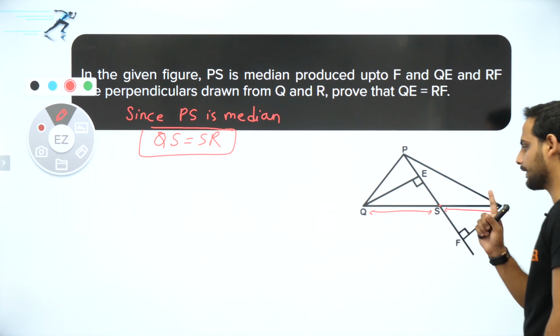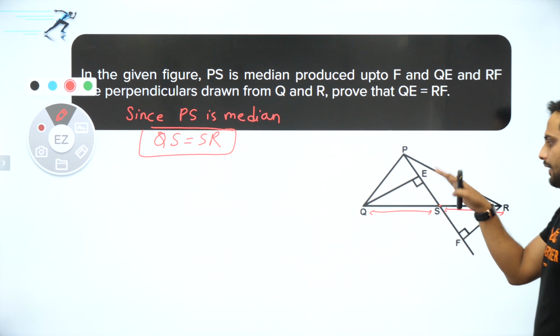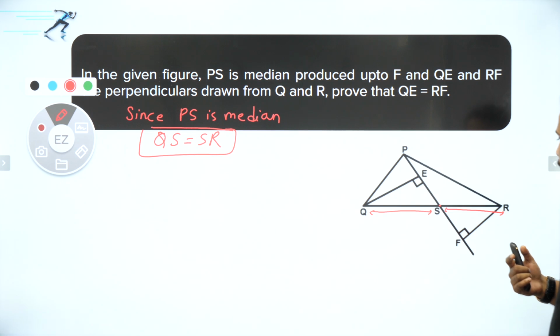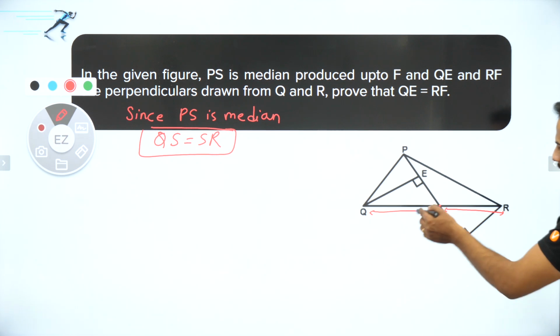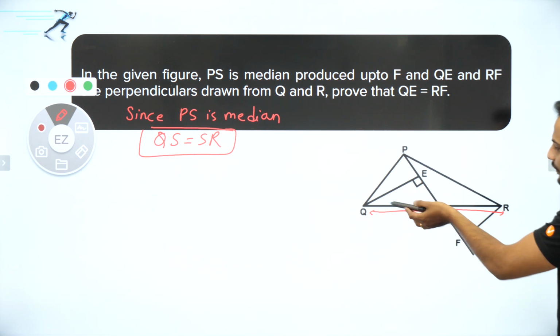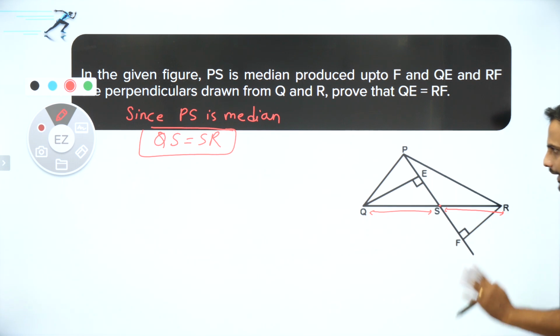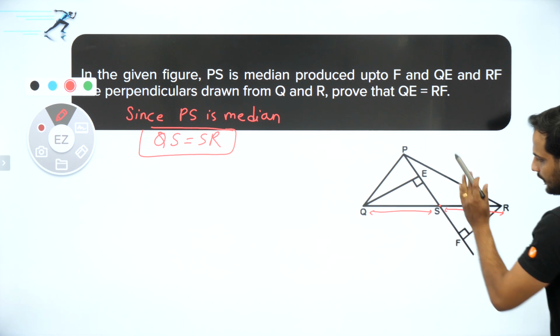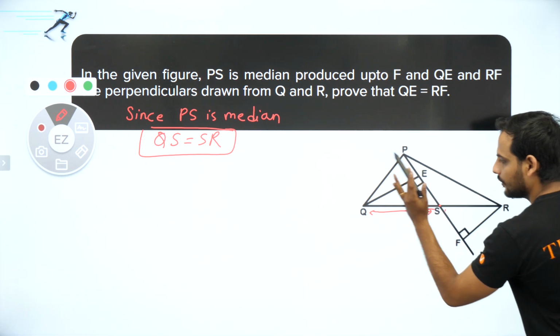Next thing I know is 90 degrees. So I can see a right angle hypotenuse, and now see if any other side is there which can be proved equal. So you will see here, children, any other side, there is no information about ES, SF, there is no information about QE and RF, which we have to prove equal. So right angle hypotenuse is not working now for us. But I can see one more thing clearly. What is that?